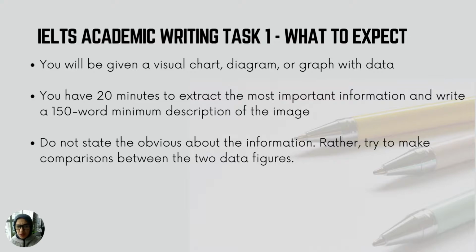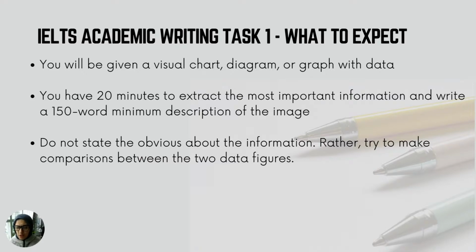So here's what to expect when you are writing the IELTS Writing Task 1. You'll be given a visual chart, diagram, or graph, and this image will come with data. It may include some percentages, some numbers, and what you'll have to do with that information is, you'll have 20 minutes to take out the most important information, and you'll need to write a 150-word minimum description of the image.